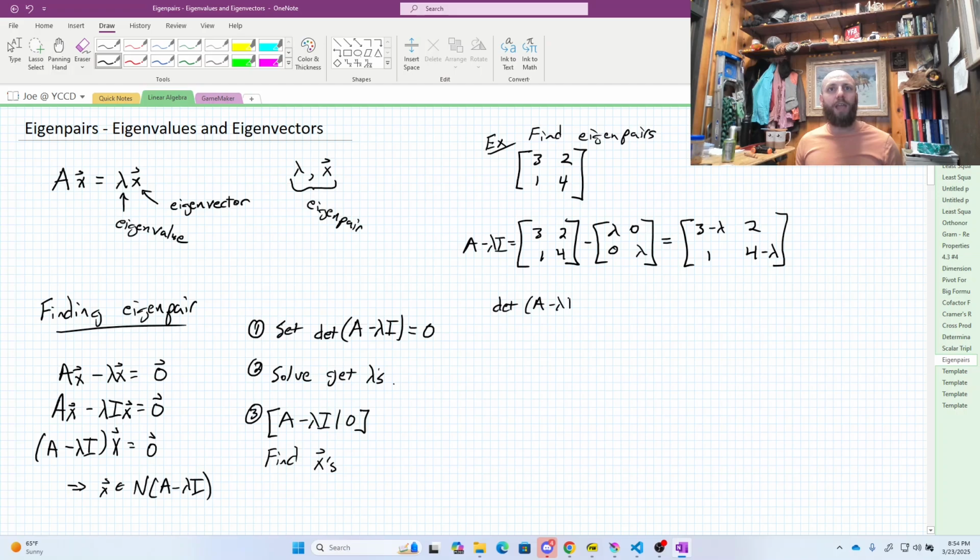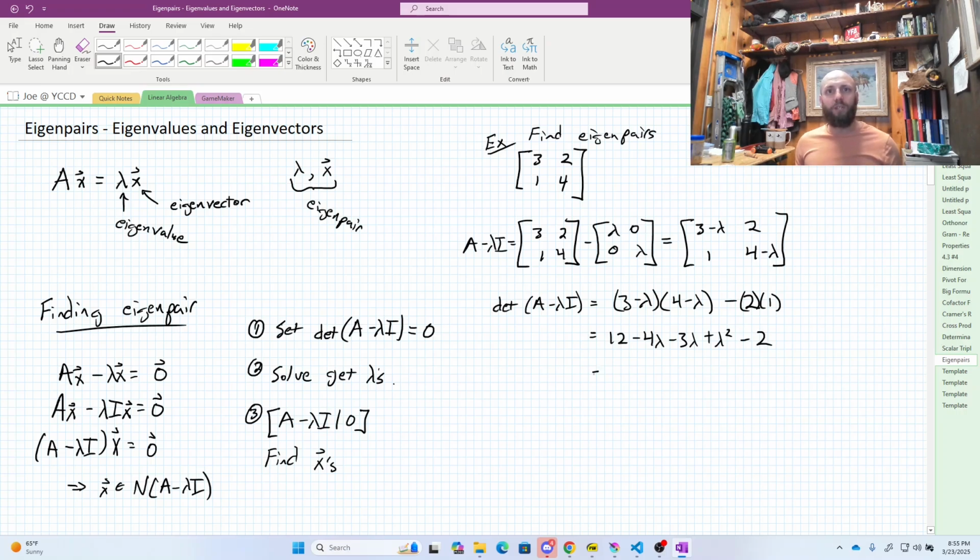Then I need to take the determinant of that matrix. So the determinant of A minus lambda I is going to be (3 minus lambda) times (4 minus lambda) minus 2 times 1. Okay, now I'm looking to set this equal to 0, so I'm just going to FOIL this out a little bit. So I'm going to get 12 minus 4 lambda minus 3 lambda plus lambda squared minus 2.